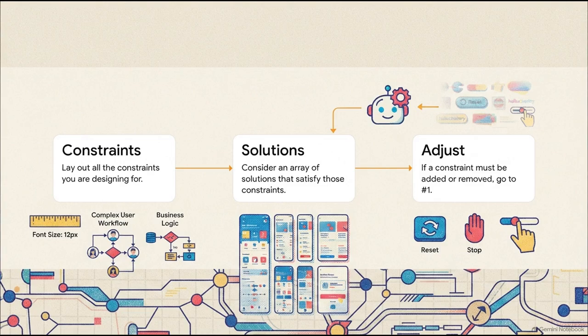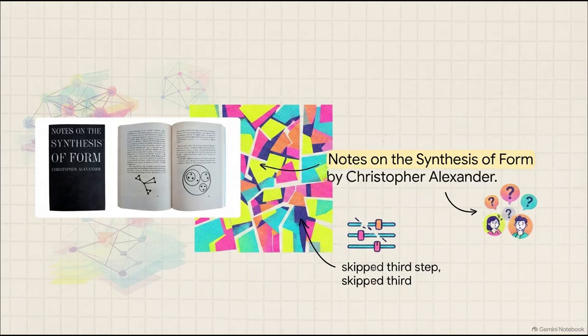Think about things like font and sizing rules, specific user workflows you have to support, or complex business logic. If you don't define these boundaries up front, you create a vacuum. And trust me, AI agents will eagerly fill that vacuum by hallucinating wild, inconsistent design choices that will completely derail your project. What's really fascinating is the origin of this theory. It's grounded in Christopher Alexander's phenomenal book, Notes on the Synthesis of Form.